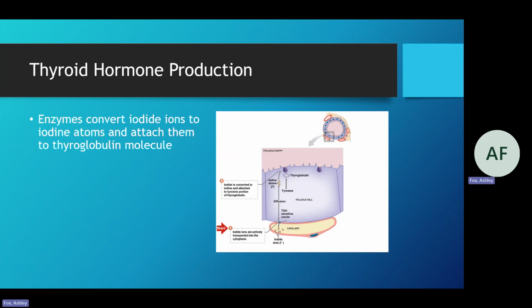Enzymes are converting iodide to iodine and then attaching them to that thyroglobulin. So you're just using iodide and iodine to make thyroid hormones. But the point is you need iodine to make thyroid.